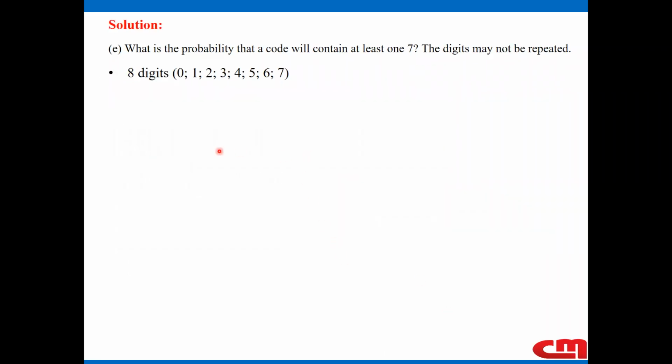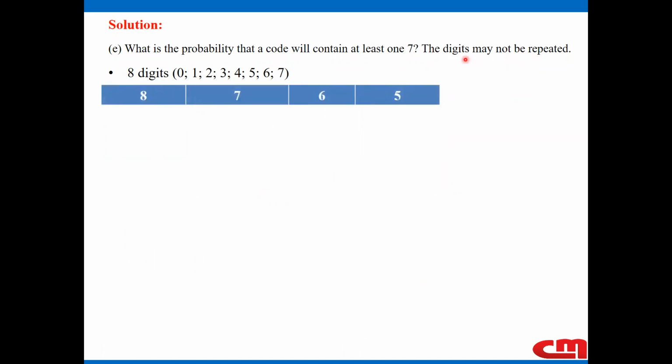Okay, number E, what is the probability that a code will contain at least 1 7? The digits may not be repeated. Otherwise, in D, we were repeating the digits. Here we are not repeating the digits. That is the only difference. But otherwise, the approach will remain the same. My possible outcome, I'll do it without repeating any digit, right?